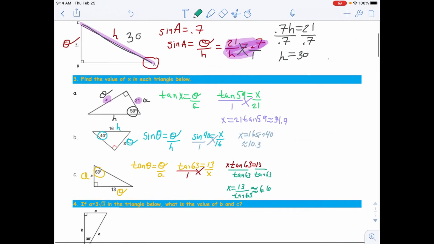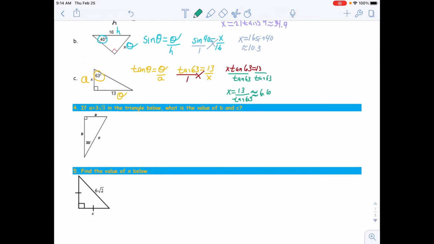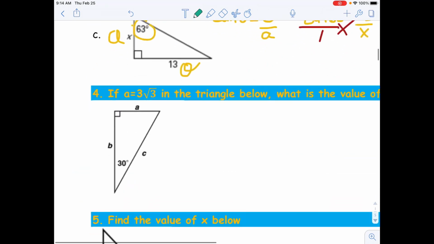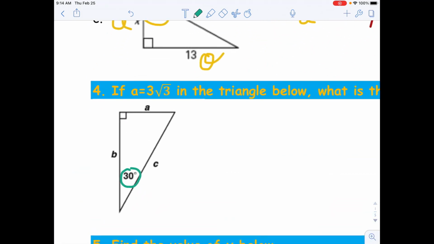Okay, cool. Traditional trig problems. Now down here, if A is 3 radical 3 in the triangle below, what is the value of B and C? We have this angle. Something I want you to do is say, wait, hold up. That's a 30-degree angle, so this must be 60 degrees. So we have the rules of a 30, 60, 90.